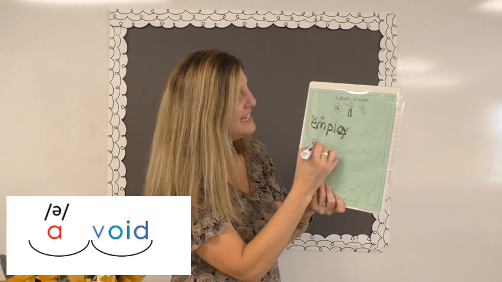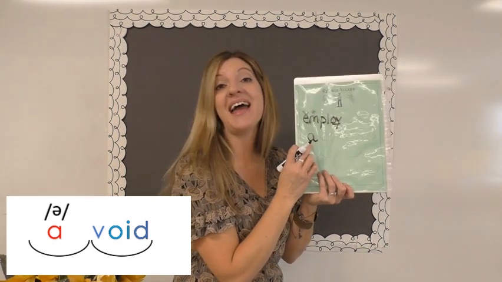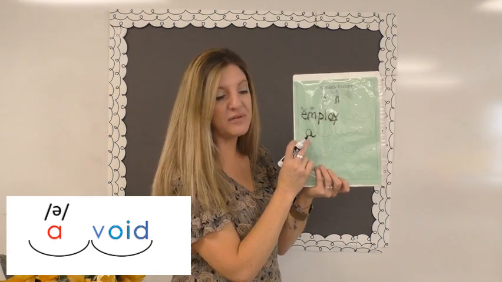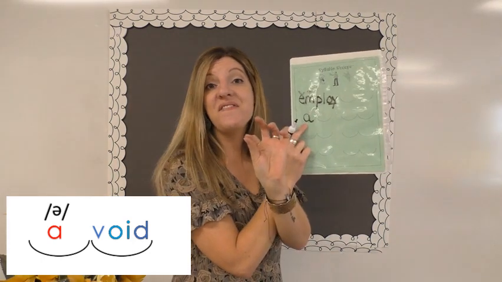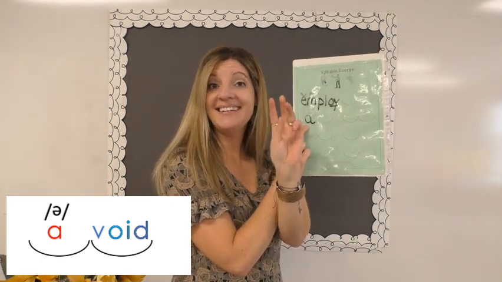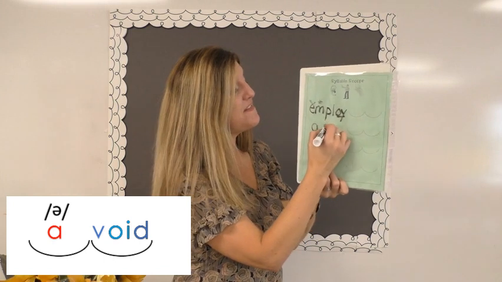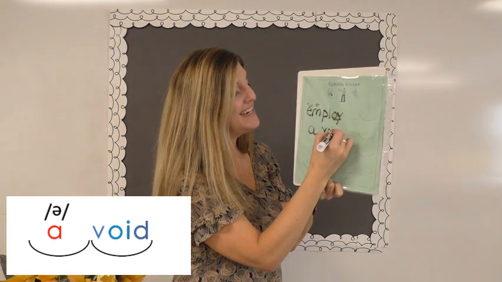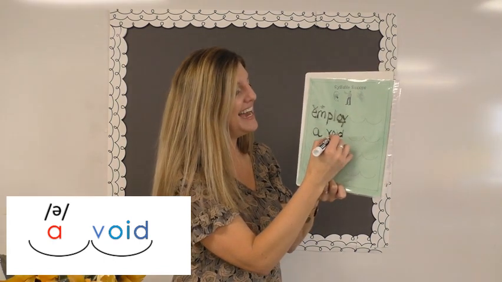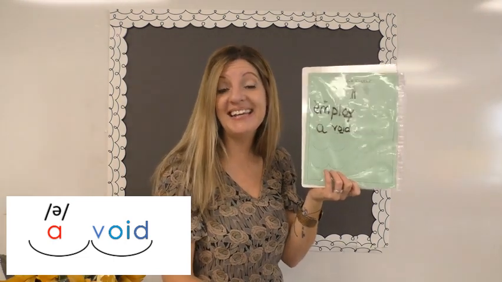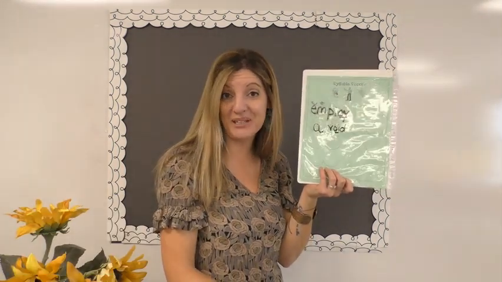And in this case, it's represented by the letter A. How about the syllable void? V, oi, d. And I used oi because it's in the middle of the syllable.